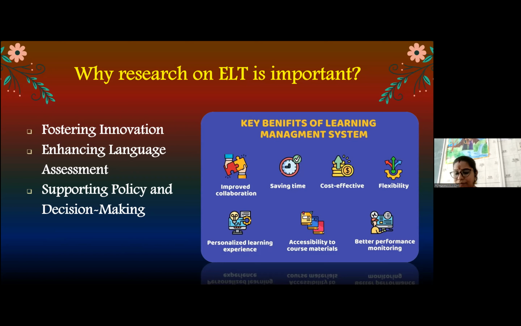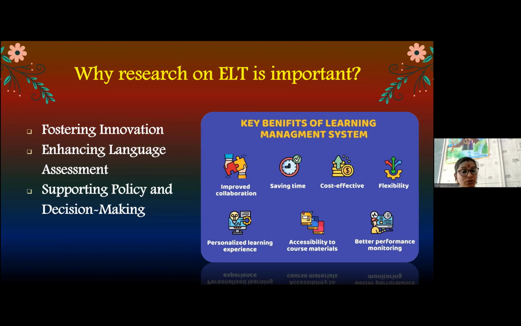In yesterday's session, we spoke about formative assessment and summative assessment, right? When we spoke about formative assessment, I discussed the various tools available to conduct formative assessment on an LMS platform.